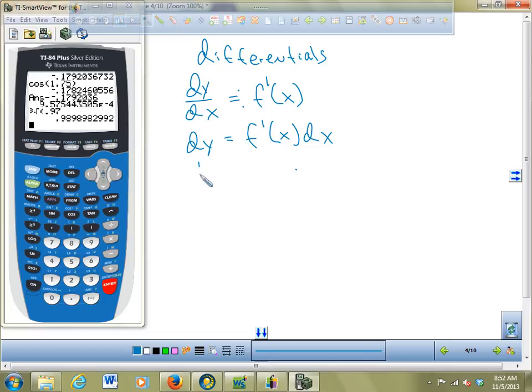In any case, what this means, if you plug in some point, say like 3, and you want to go away from 3 a certain amount, like 0.02, dy is the amount that y would change if you move this far away from x. And what you're doing, you're using the tangent line to approximate that change. Let me just give you an example, and then maybe it will make sense.